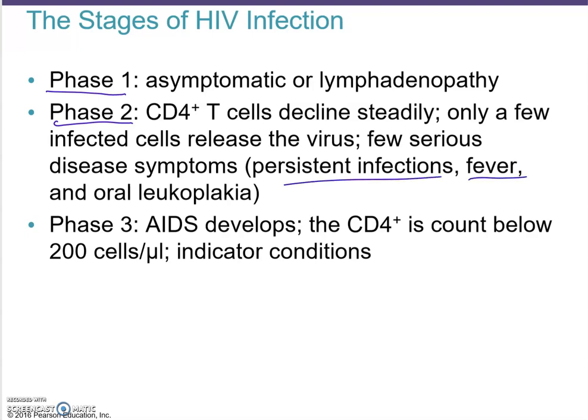You may experience fever or oral leukoplakia, and you have a steady decline of CD4 plus cells. Once the amount of CD4 plus cells drops below 200 cells per microliter of blood, that's when you end up with full-blown AIDS, and you enter phase 3. In this stage, you're going to have all sorts of opportunistic infections, and your immune system is basically shut down.